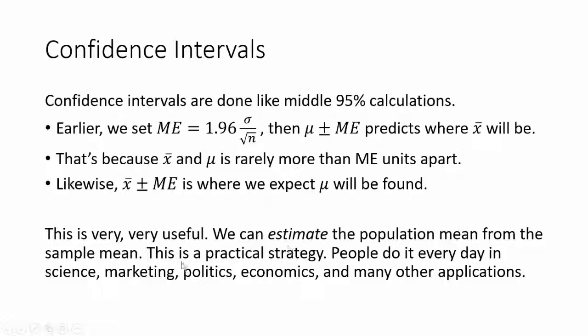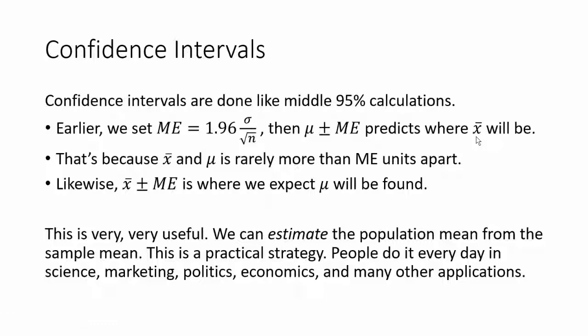Now that's true because the distance between the sample mean and the population mean is rarely more than ME units. X bar and mu are usually not more than the margin of error units apart. Now, our strategy last time was this: to start with the mean of the population, add and subtract the margin of error, and that would give us a good guess of where the next few x bars will come from.